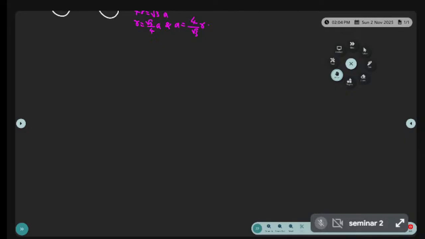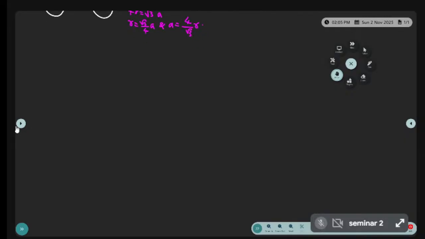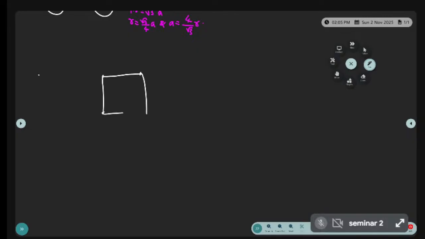For simple cube. What you said? Simple cube you said. It is simple cube.